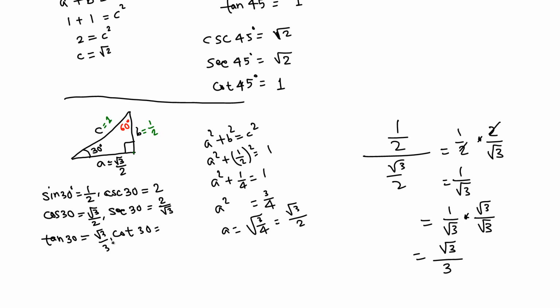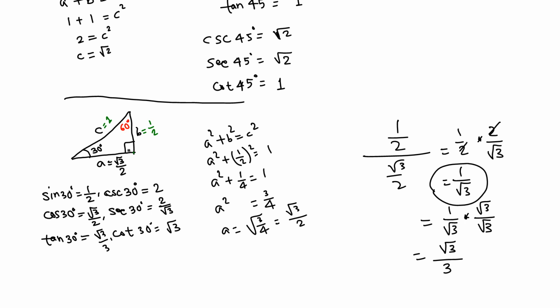Now cotangent 30 would be the reciprocal, or we can use this 1 over root 3, same thing, and the reciprocal of 1 over root 3 is just root 3. Okay, this is how we find all the trigonometric values for 30 degrees.